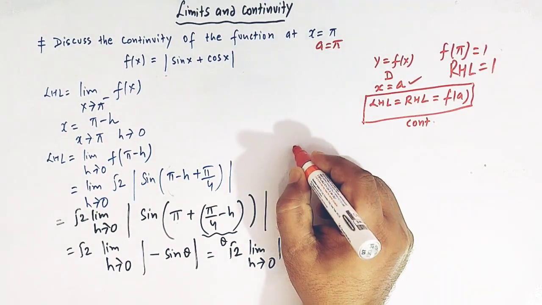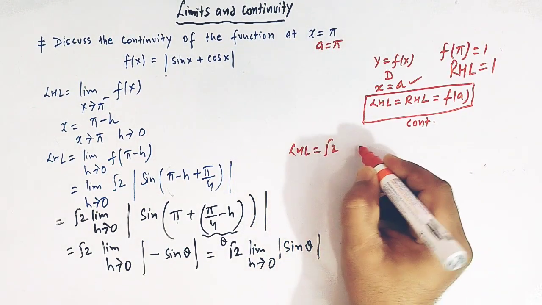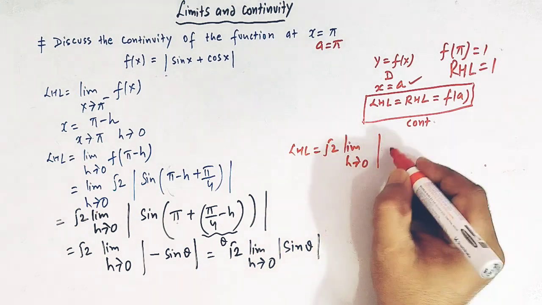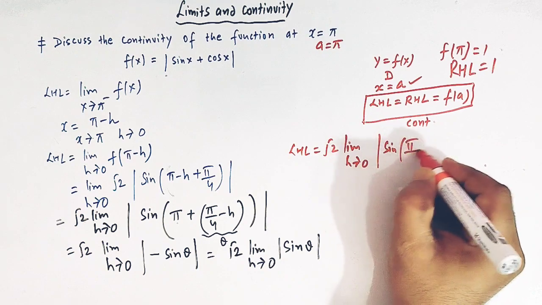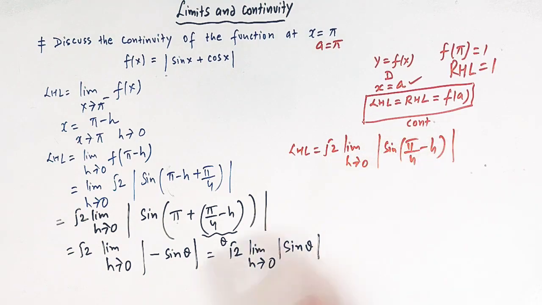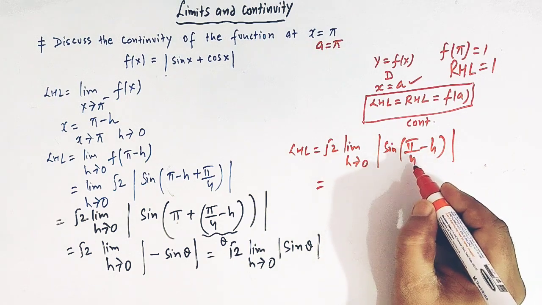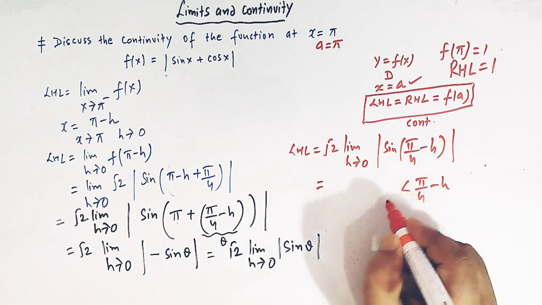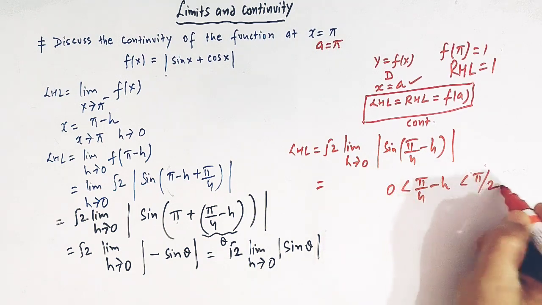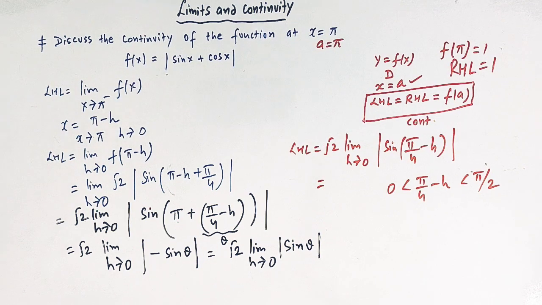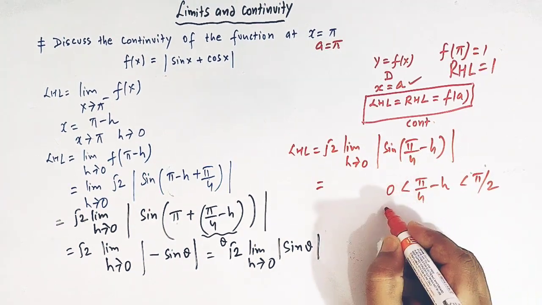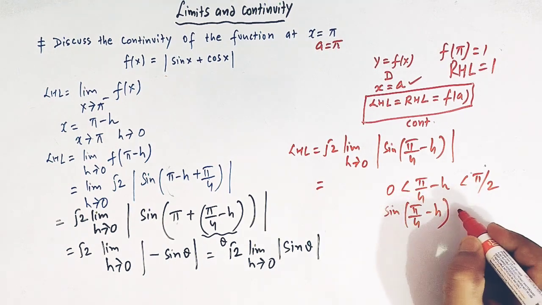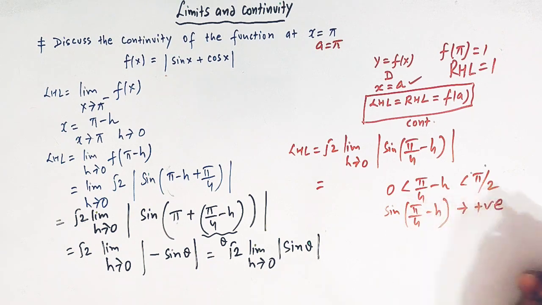So now we can write the left hand limit as root 2 times limit h tends to 0 of mod of sine pi by 4 minus h, right? And we know that this angle pi by 4 minus h lies in the first quadrant, and in the first quadrant, the sine function is positive. So sine pi by 4 minus h is positive, right?